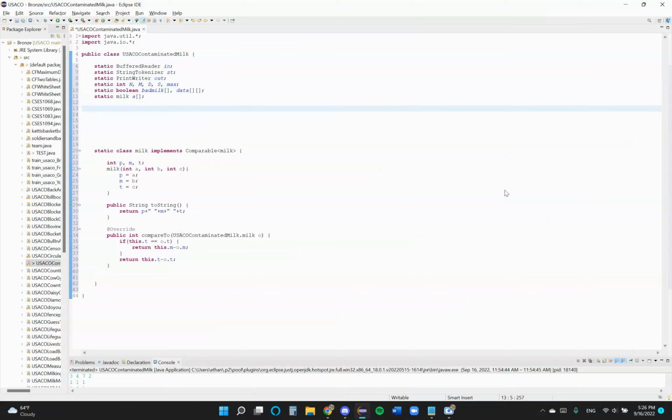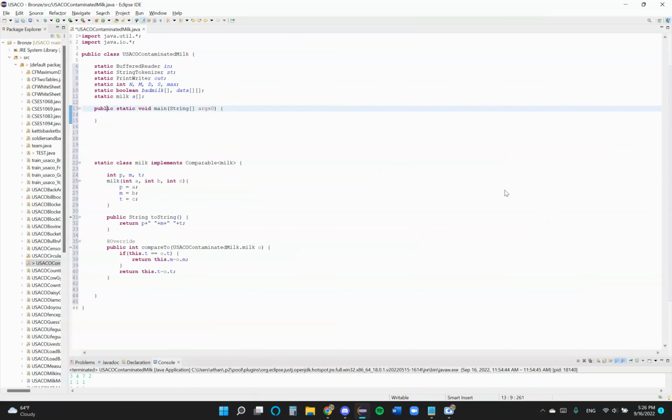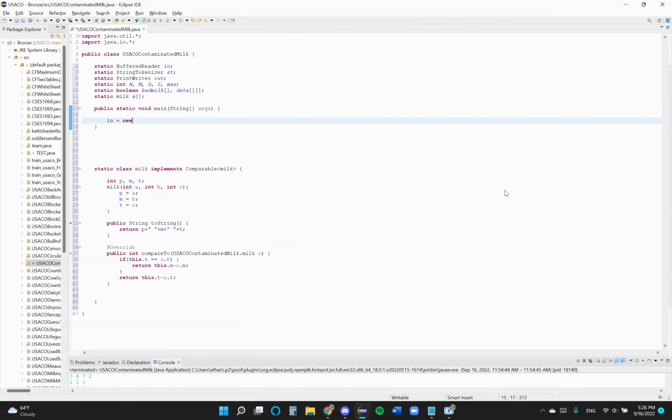Okay, now we can create public static void main, add milk.in.